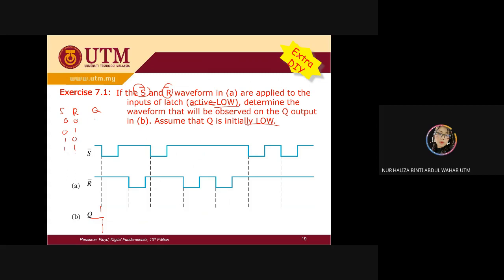For 0 0, it will be invalid. For 0 1, it will be set. For 1 0, it will be reset, and 1 1 will be no change. When you remember this table, you apply it to your timing diagram. It's easy for you to draw the output. If you don't remember, then it's going to be hard for you.